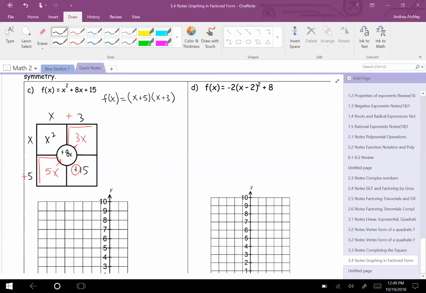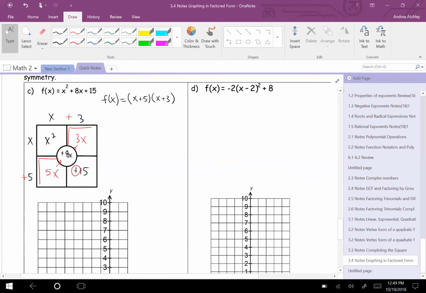Okay. We can identify then again our x-intercepts. So we have x plus 5 equaling 0 and x plus 3 equaling 0. So I subtract the 5, subtract the 3, get x equals negative 5 and x equals negative 3.